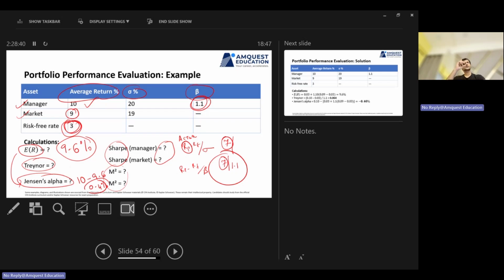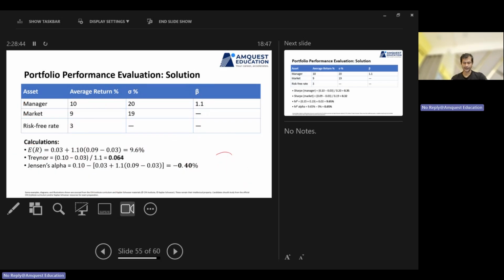So ER is used only in the Jensen's alpha. Clear? Let's look at the answers quickly. You were supposed to earn 9.6, and because you earned 10, you made a profit of 0.4, which is your Jensen's alpha.